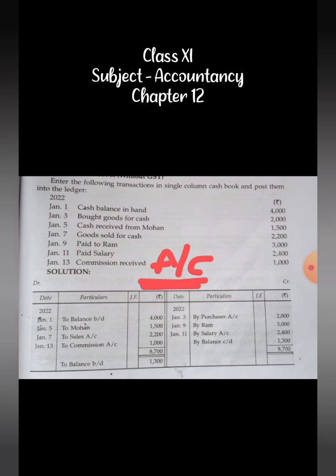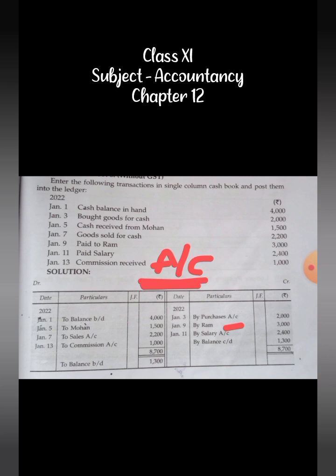Paid to Ram, the amount is 3000. Ram to cash. That means cash is credited, so we take the word Ram on the credit side, that is 3000. Paid salary.